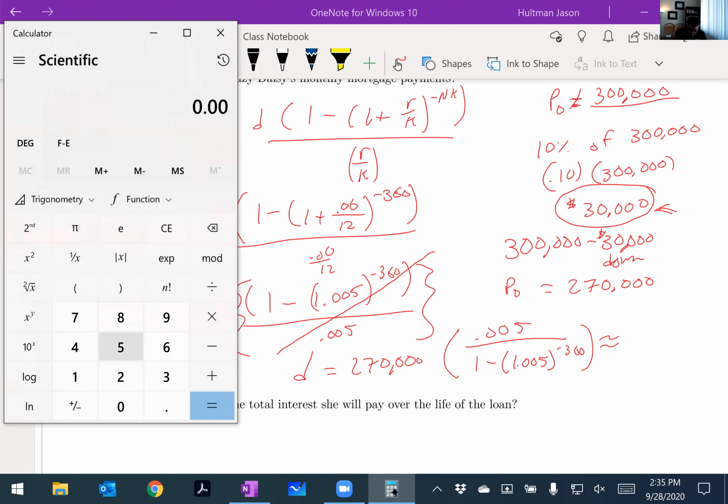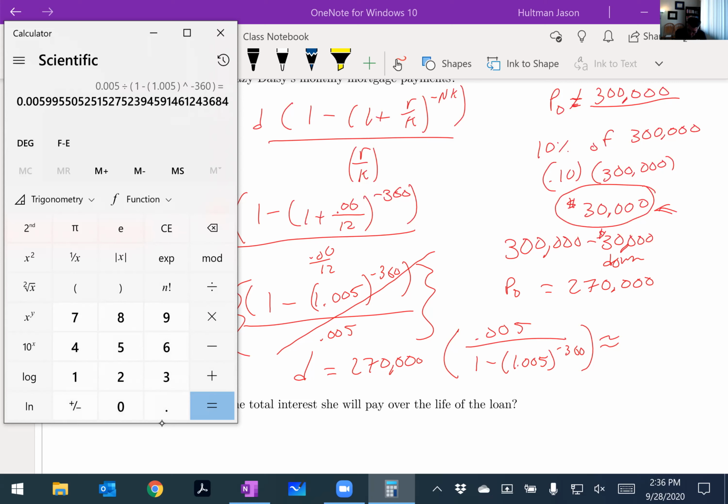So 0.005 divided by parentheses, 1 minus parentheses 1.005 close parentheses, raised to the negative 360, close parentheses, and hit equals. Boom. So that's 0.006 basically.